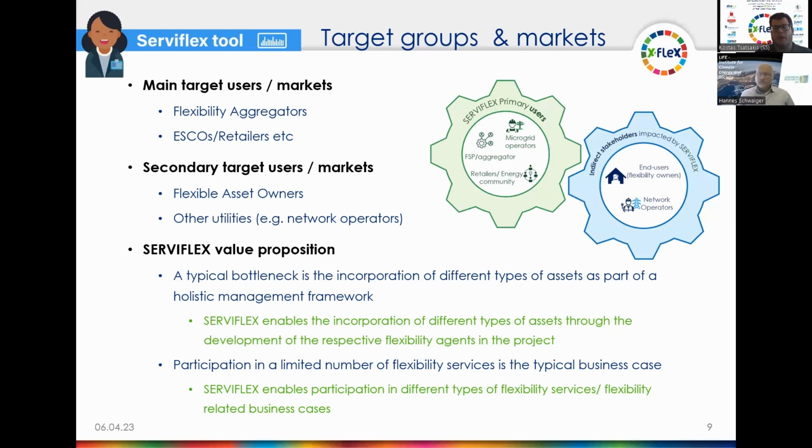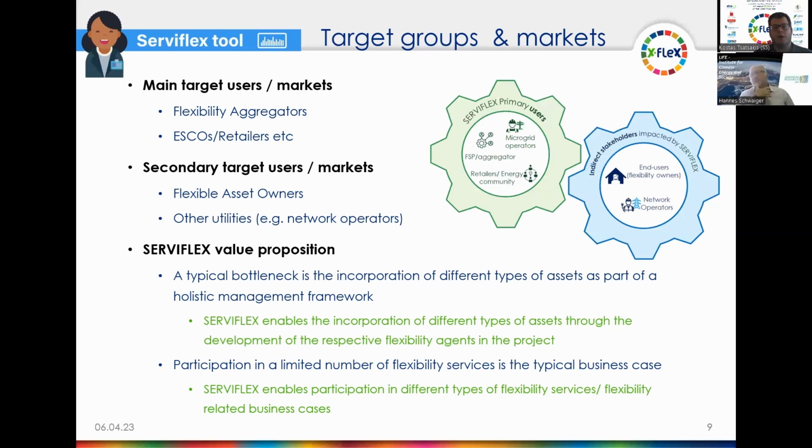Highlighting some key characteristics of the SERVIFLEX tool. The typical bottleneck of similar tools is the fact that they are addressing only a vertical type of asset. So most of the available solutions in the market target only a specific technology, like battery systems or generation management solutions.